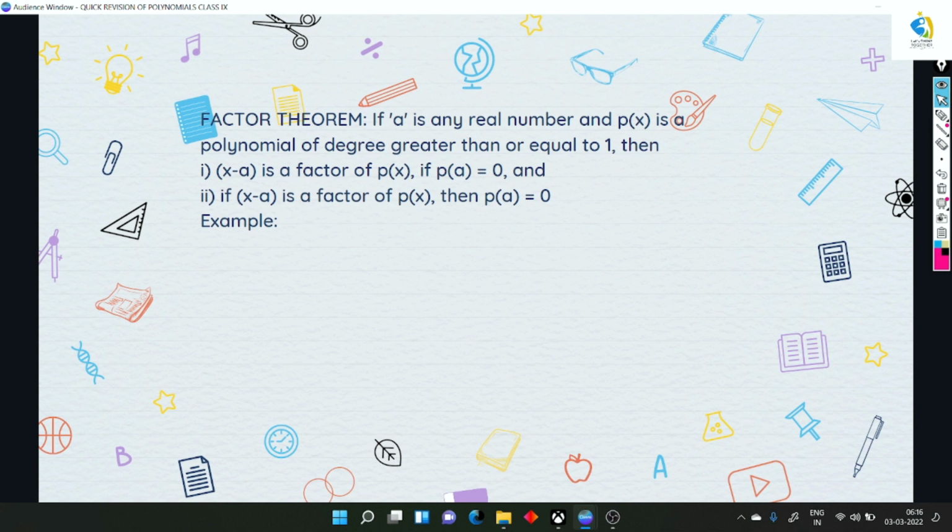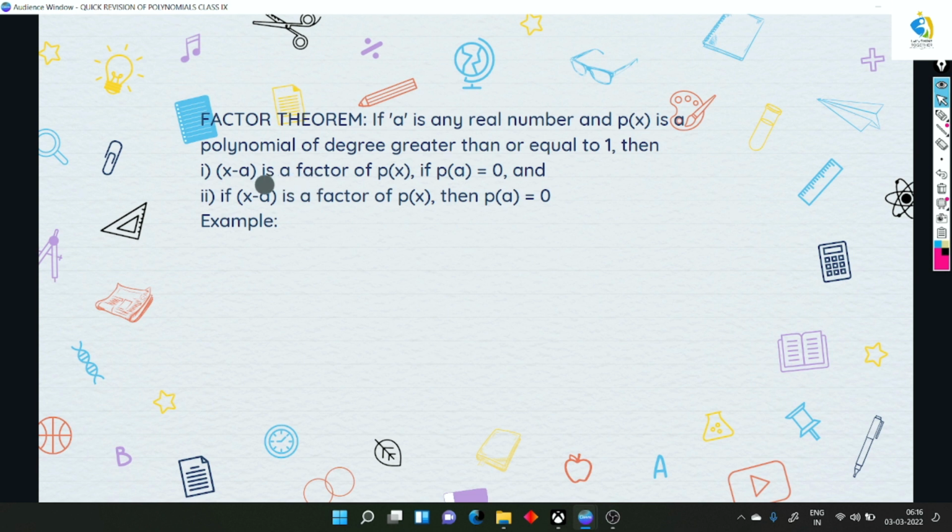Now let's move on to the next topic, that is factor theorem. So this factor theorem is, if a is any real number and p of x is a polynomial of degree greater than or equal to 1, then x minus a is a factor of p of x if p of a is 0, और इसका उल्टा if x minus a is a factor.